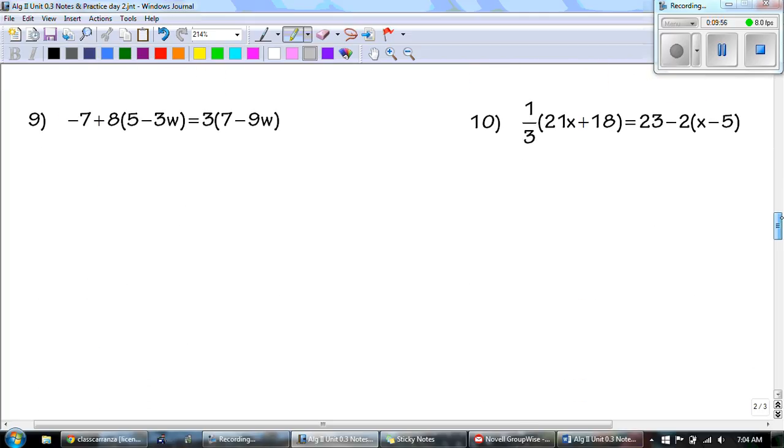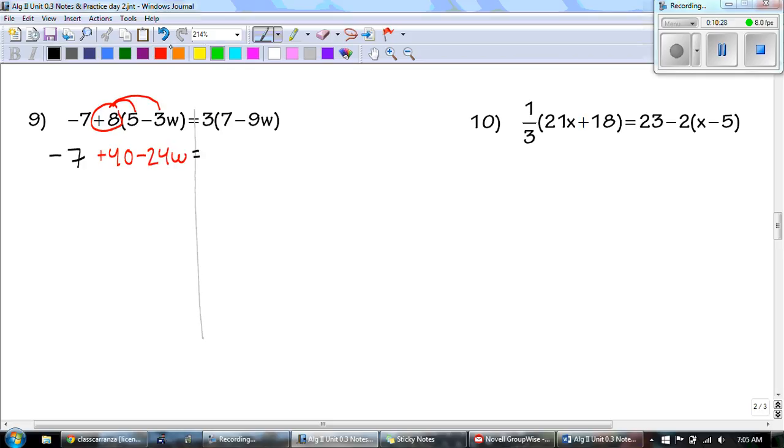Okay, for number 9, I'll help you distribute because we have to distribute on both sides, but then after that, you guys are on your own. So we have to distribute this positive 8, so 8 times 5 is 40, and then 8 times 3 would be 24.